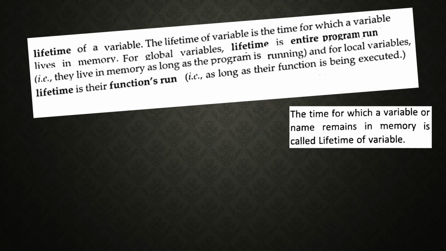The lifetime of local variables is the function's run, not the program's run. Whenever you execute a function, only then is the value of such local variables available. So these are about the lifetime of global and local variables. The time for which a variable or name remains in memory is called the lifetime of the variable.